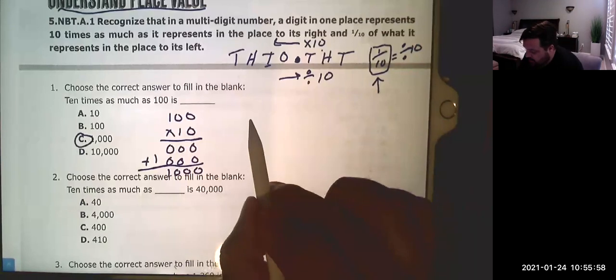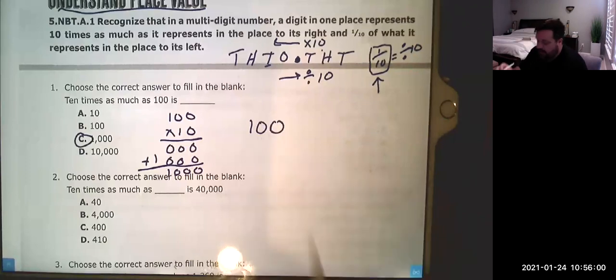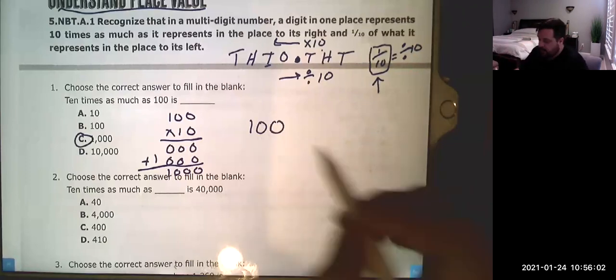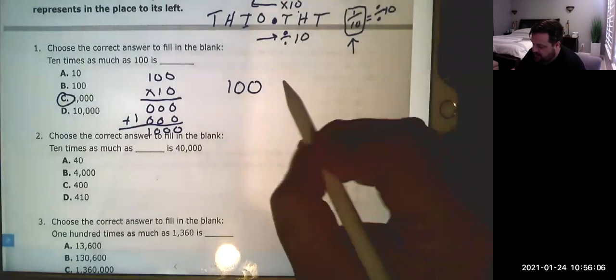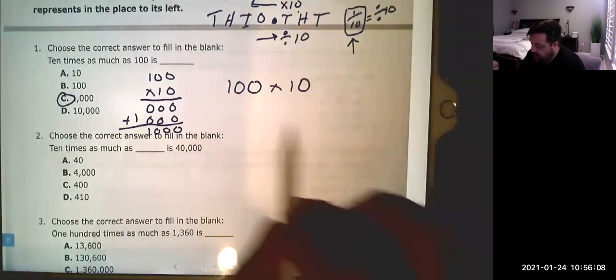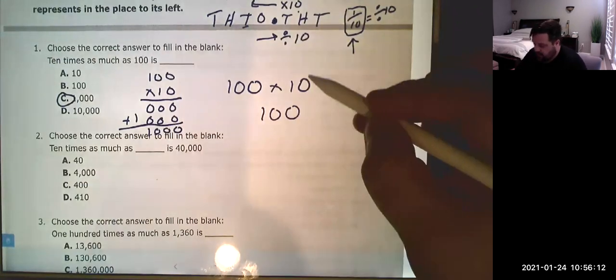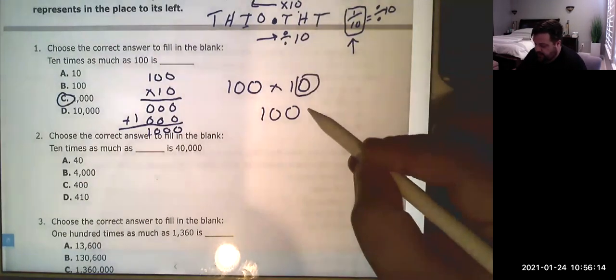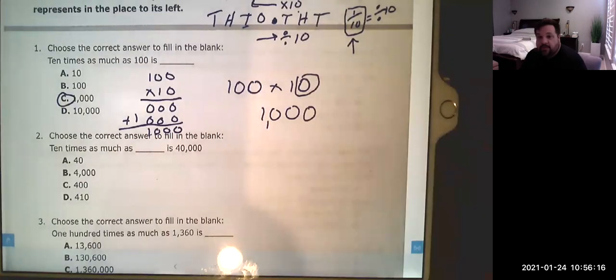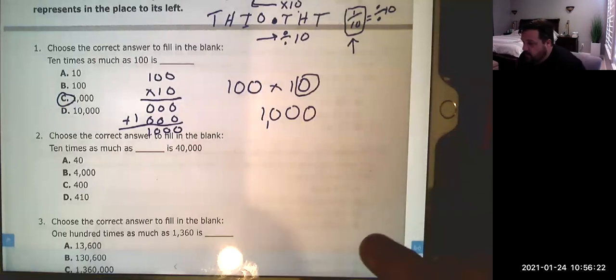But also, just remember, if you have 100 and you are times 10, that's just taking this 100 and adding a zero to the end of it, right? Would also give you 1,000. So if you can start to think of those rules, they'll go a lot quicker for you. Okay, so for number one, you should have C.